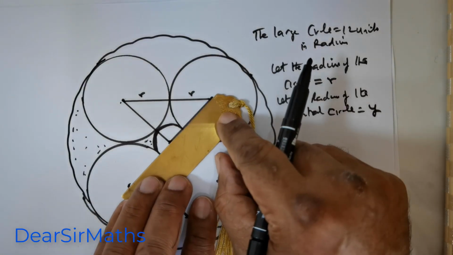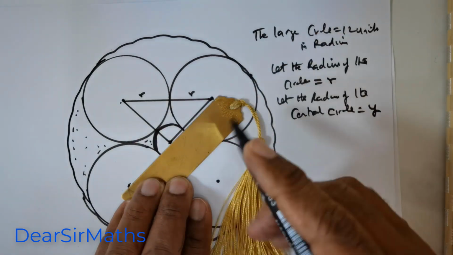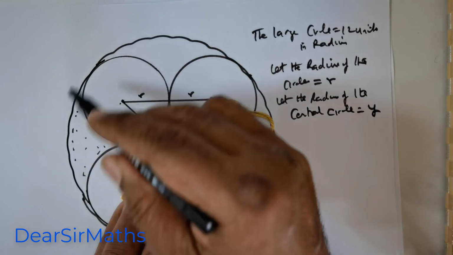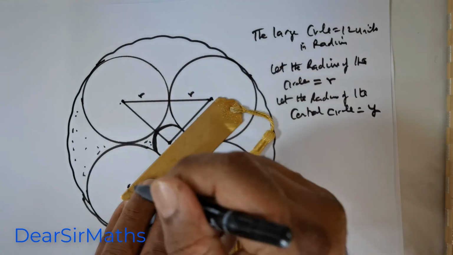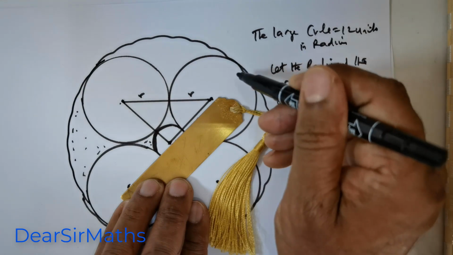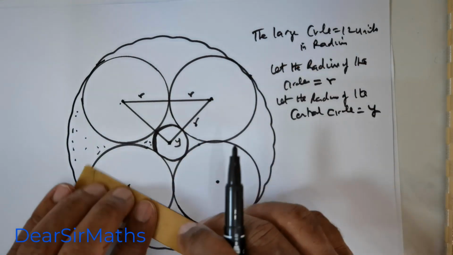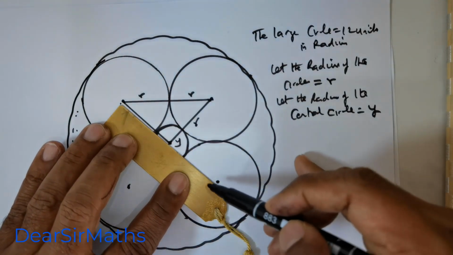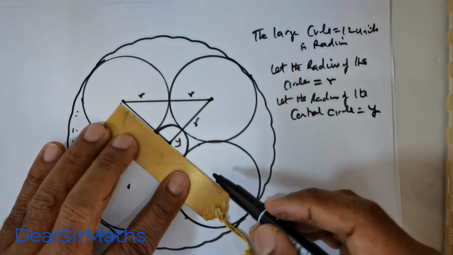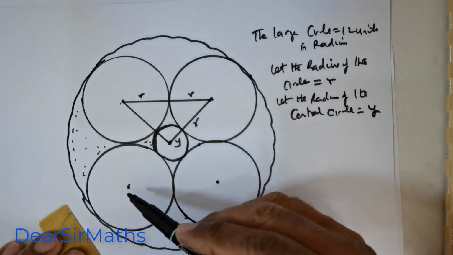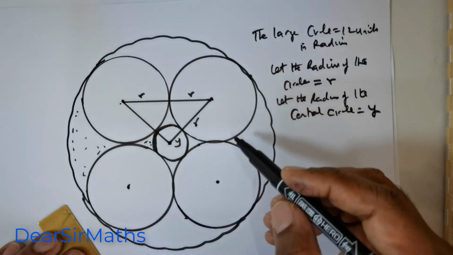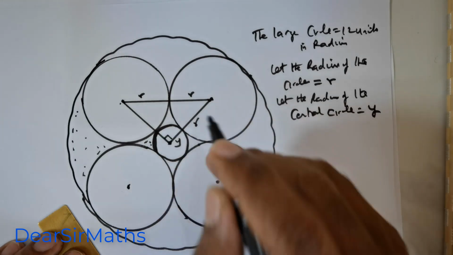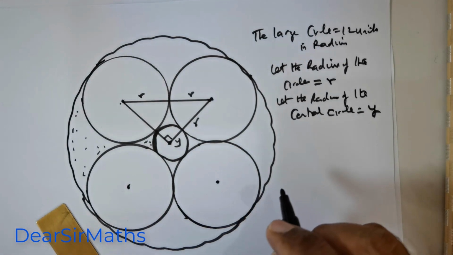Watch here, if you were to drop a line like this, connecting the center of this large circle, that line is drawn through the center of the large circle and it will hit a point over here. Similarly, if I were to draw the line from the center of the large circle in this fashion, connecting these 3 points, that would mean the line we are drawing is intersecting perpendicularly. So they would make an angle of 90 degrees. That's exactly what I want to bring to your attention.